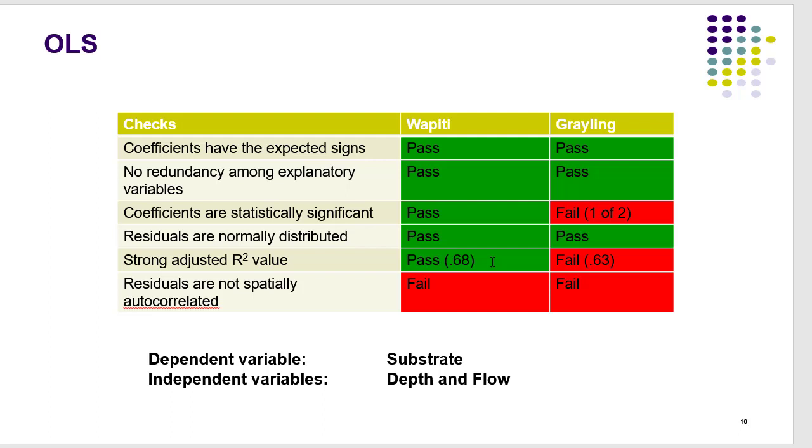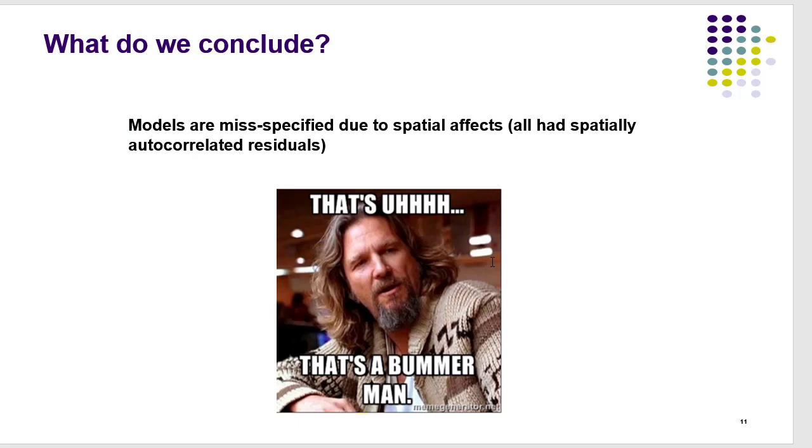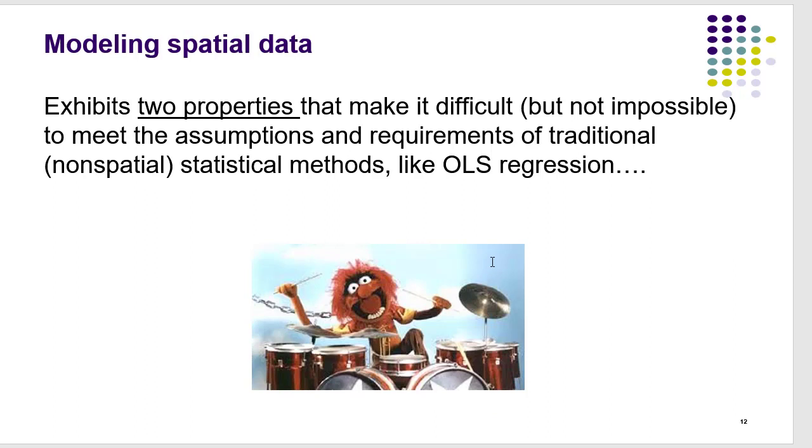All right, well, the main thing is that there was a lot of red in the bottom of this table, this one, and also this one. So we have a misspecified model because of the spatial effects. They all had spatially autocorrelated residuals. So what do we do? Well, it just makes it very difficult when we model spatial data to meet the assumptions and requirements of traditional non-spatial statistical methods like OLS.